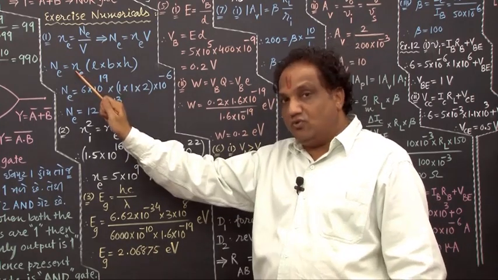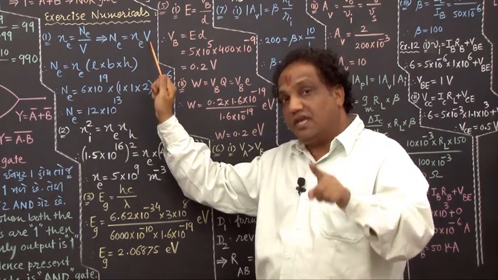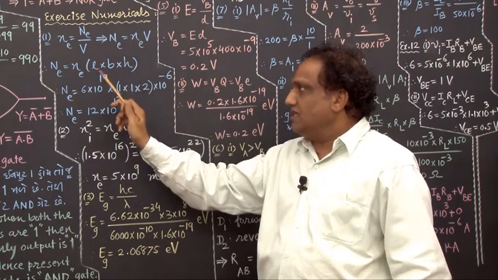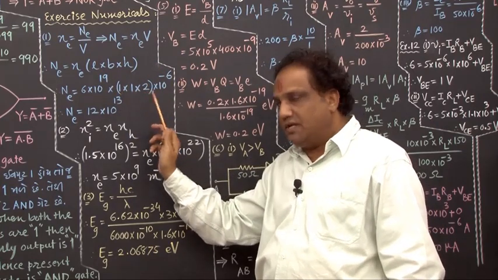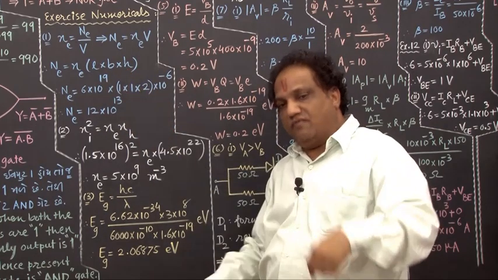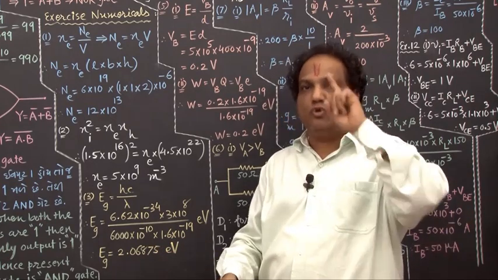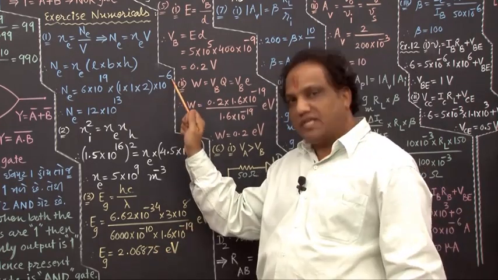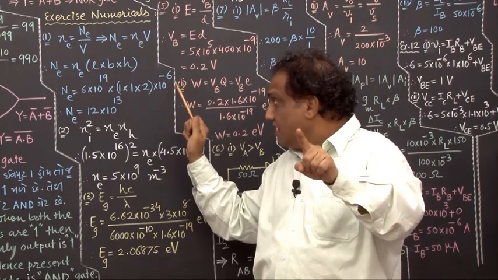Because this value you are taking per meter cube, this volume I must take in meter cube. Now length is given as 1 centimeter, breadth is 1 centimeter, height is 2 centimeter. Centimeter into centimeter into centimeter will give you centimeter cube, and whenever you require to convert volume from centimeter cube to meter cube, you must multiply by 10 raised to minus 6.